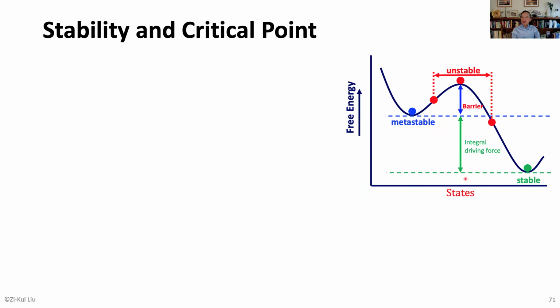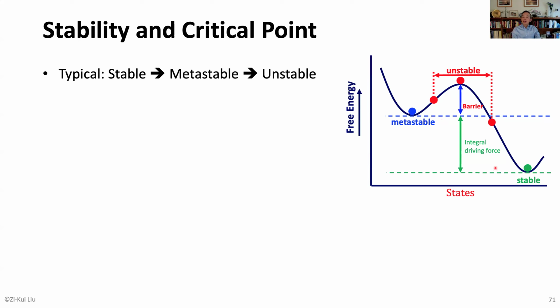Now imagine that all these points come together by changing the external conditions, for example, changing temperature and pressure, which is what we usually do. Then you could find a place where all these points come together, with the first derivative, second derivative, and third derivative.